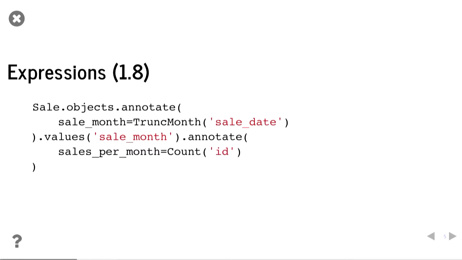You could add two aggregations together. Before that, you could only ever aggregate on one field. What this query does is a sales by month query. It'll take a sale date and truncate it down to the first of the month, so all of the data within that month becomes one field. It groups by that one field, then you take a count and there's your sales per month query.